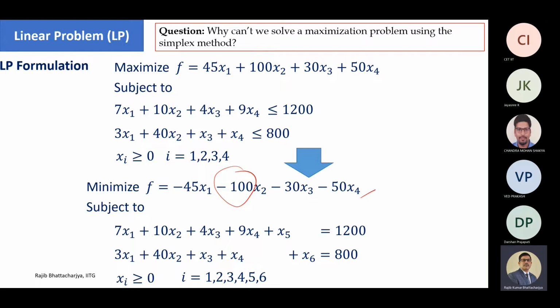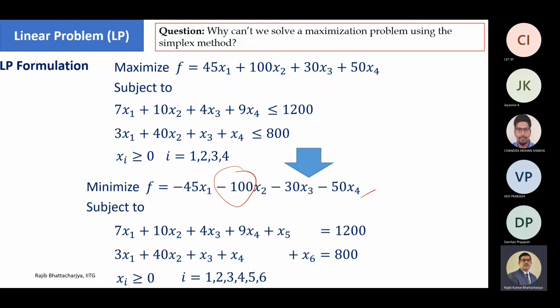And then if you have a maximization problem, you convert it to a minimization type problem, and then you apply whatever rule you have applied for a minimization type of problem. It doesn't matter actually; you can directly solve a maximization type problem.